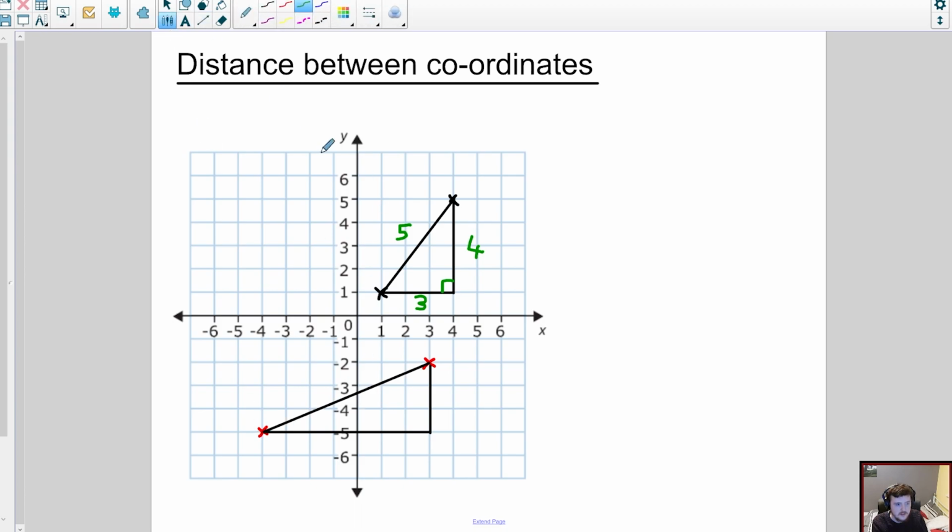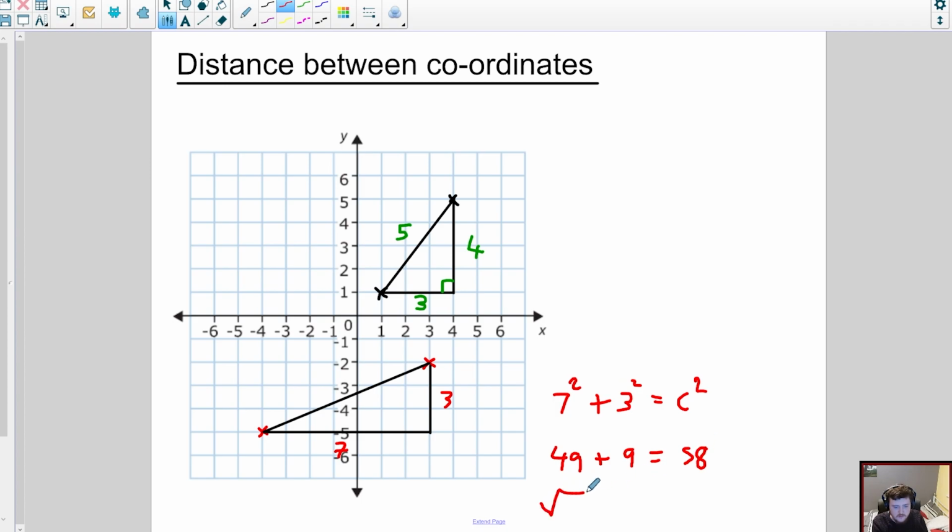So what we've got is a 7 here and a 3 here. So we're going to do 7 squared plus 3 squared equals c squared. That's going to be 49 add 9 equals 58.